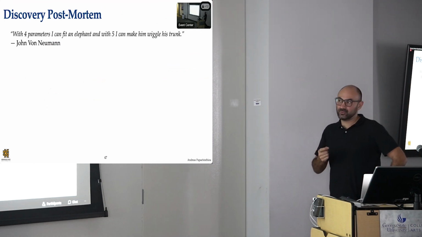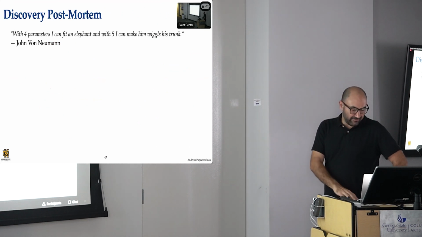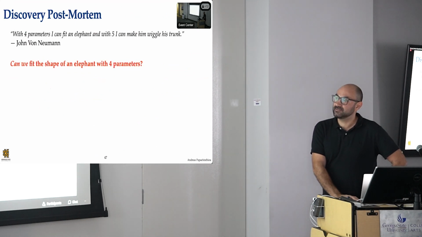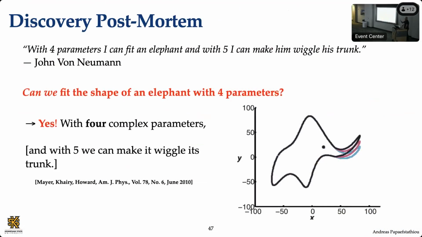I mean, that's what we are doing this for. So I found this quote by John von Neumann: "With 4 parameters I can fit an elephant, and with 5 I can make him wiggle his trunk." Some people actually asked the question in a paper, and apparently you can, with 4 complex parameters, draw an elephant, and with 5 you can make the elephant also move its trunk.